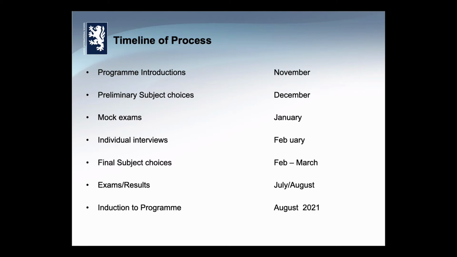There's another chance here to rethink subject choices, and of course they can do this in consultation with either myself or Frau Schleif as well. The induction programme then, the introduction to the diploma programme, will begin in August 2021. So that's the timeline of the process.